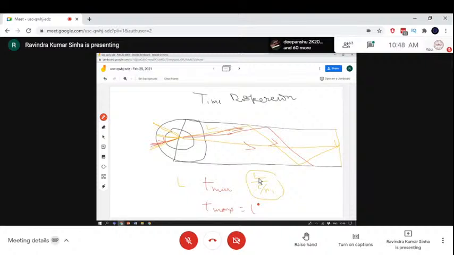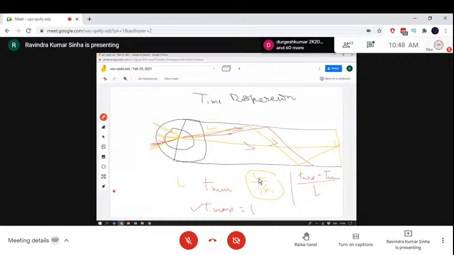So if we calculate, this will be taking more time. So you will be calculating how much is T max minus T minimum per unit distance.